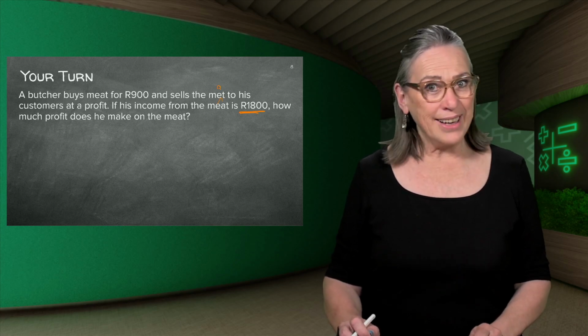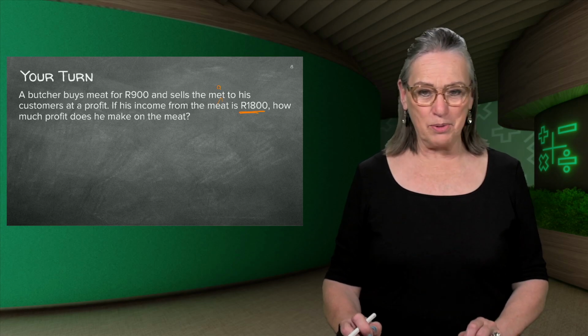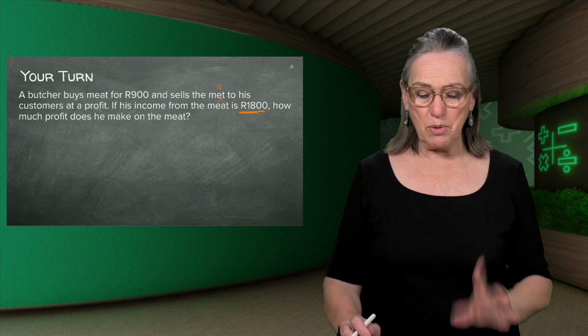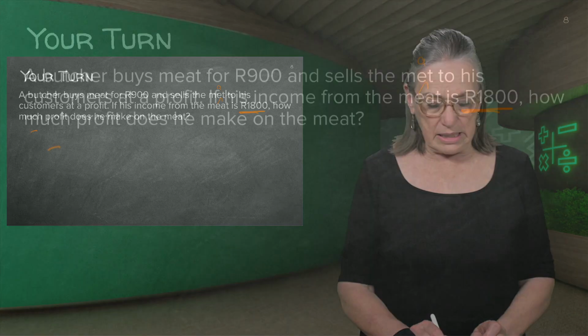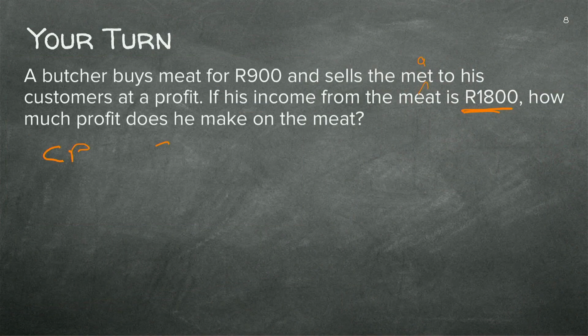Cool. Right. Let's see whether you were correct. Remember, we work with the cost price, the selling price, and the profit. So a butcher buys his meat for 900 Rand, so that is the cost price.